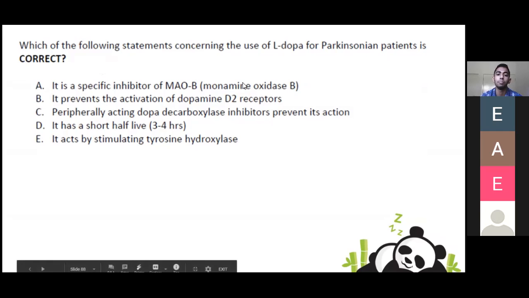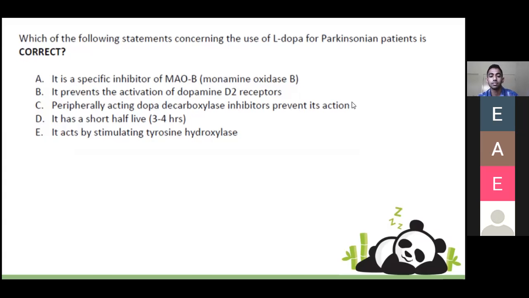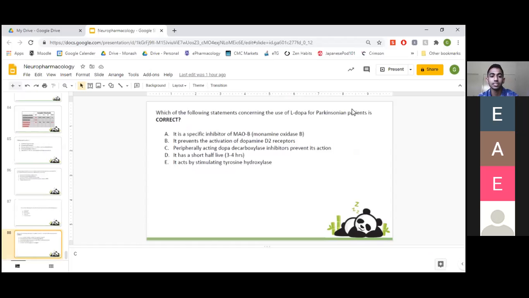So it's not a MAO-B inhibitor because it's basically a precursor to dopamine. It's not going to be a dopamine antagonist. It's going to be inhibited by peripheral DDC, which is correct. It does have a short half-life, but it's not 3 to 4 hours, it's 2 hours. And it doesn't act by stimulating tyrosine hydroxylase. The answer is C. And I think that's the end of my slides.